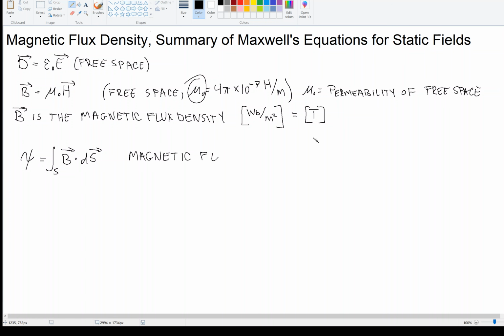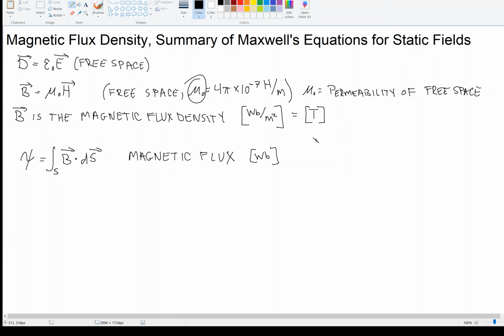And that integral should make a lot of sense to you now, why we use the dot product and so forth. And the magnetic flux, we say, has units of Weber. So this is how a Weber is defined. So if we're going to define a Weber like that, then of course the flux density has to have Weber per square meter. So as we said, the flux lines then are parallel to B everywhere, right?